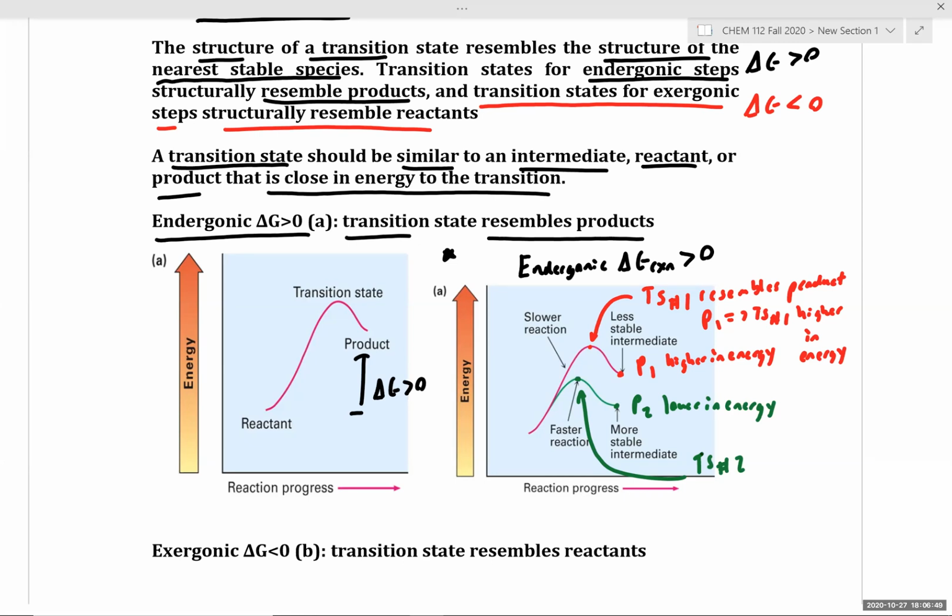In this case on the right, we're looking at a set of endergonic reactions that generate two different products, right? Now, as we noted, because this is an endergonic reaction, the energy of our transition state will resemble the relative energies of our products. Now, as we noted, product 1 is higher in energy than product 2.